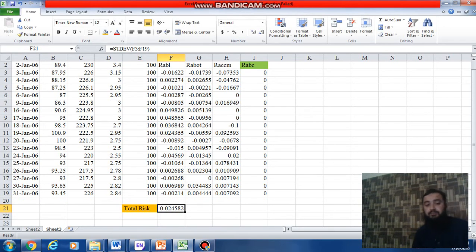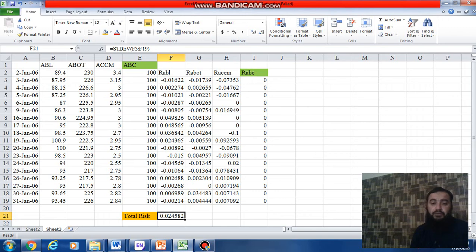Now this is how you get the total risk of ABL. If you are calculating it manually, it takes enough time, and if you are calculating the total risk for different firms, it will take multiple times as long. But in MS Excel, you simply drag it and it shows the total risk of Abbott, the third security, and the fourth security, that is ABC.